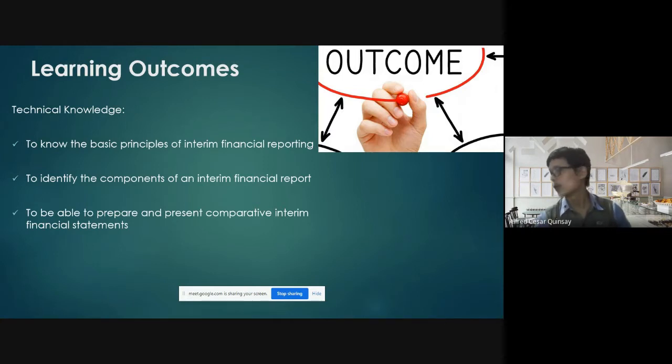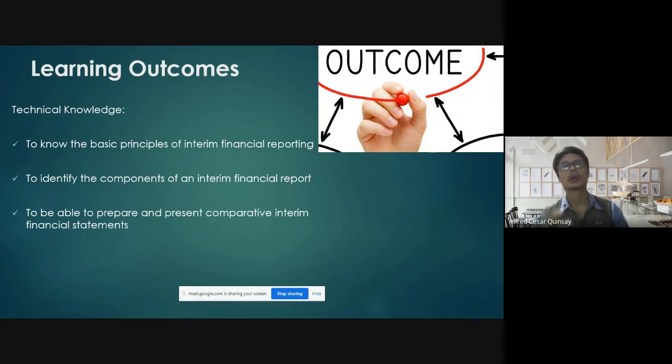Like we said a while ago, we talked about timeliness, or periodicity, the time periods subdivided into months, maybe even into quarter, semi-annual, to identify the components of an interim financial report. We're going to talk about that, no? And finally, to be able to prepare and present comparative interim financial statements.